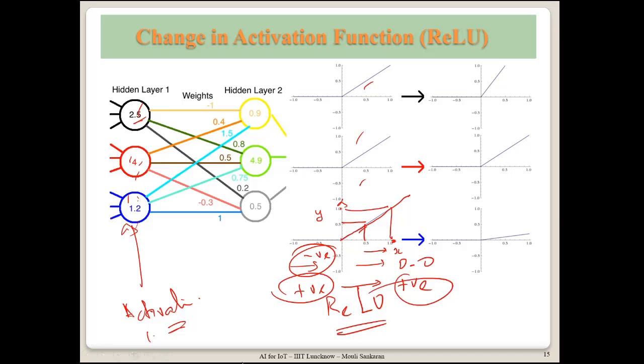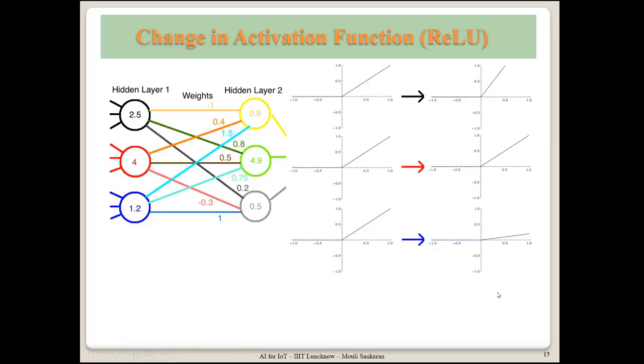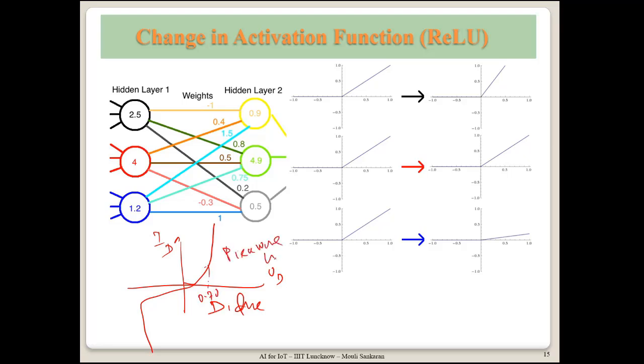So is this a linear function or a non-linear function? If you are from an electronics background, you might have seen ID, VD, and then there is the reverse bias diode characteristics. They call the diode characteristics, with this 0.7 volts, piecewise linear.